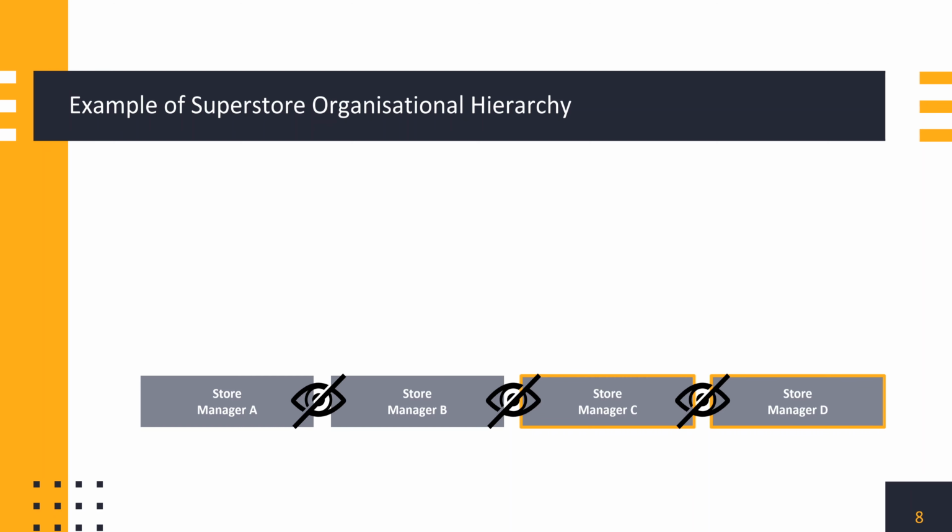If I was a manager at a single store, I might only be allowed to see my store's data at its most granular level. This means who our customers are, what they've purchased, and what's in their order as well. But I will not be able to see another store's data. That's what you see with these little eye symbols here. So store A cannot see store B, and you cannot see store C, and you cannot see store D. So no snooping or anything.